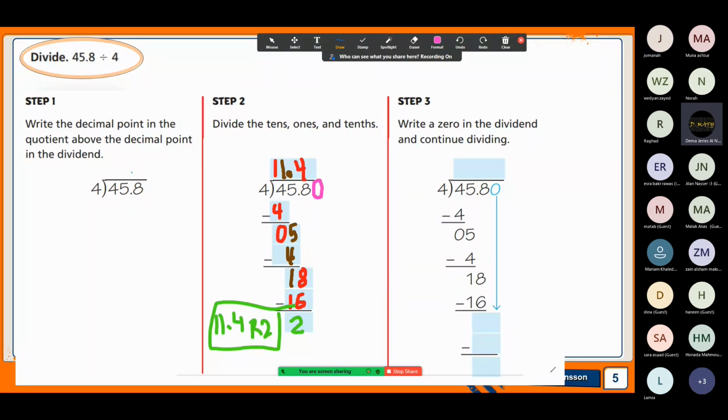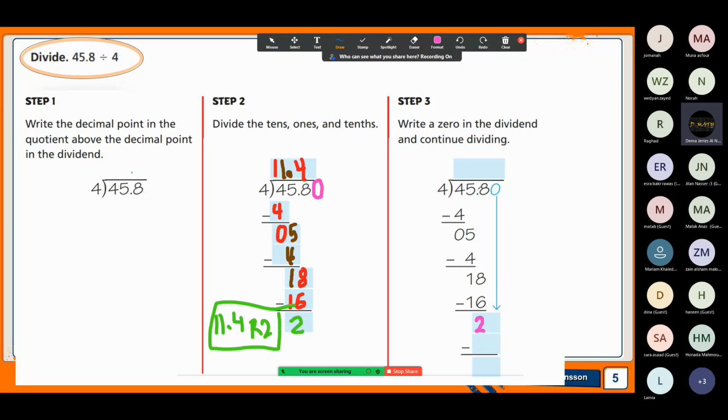After you call down the 0, we said that the remainder was 2. Remember that adding 0 to the right happens only on decimals. If we have whole numbers, you cannot add any 0; if you add 0, you must add a decimal point.